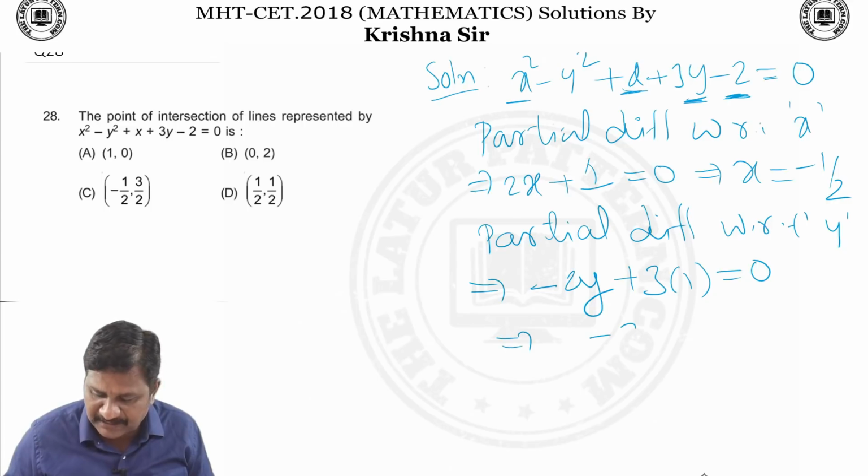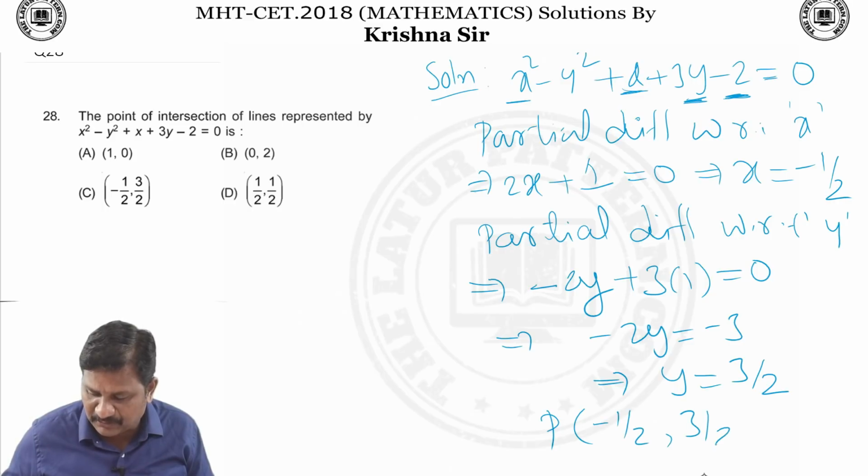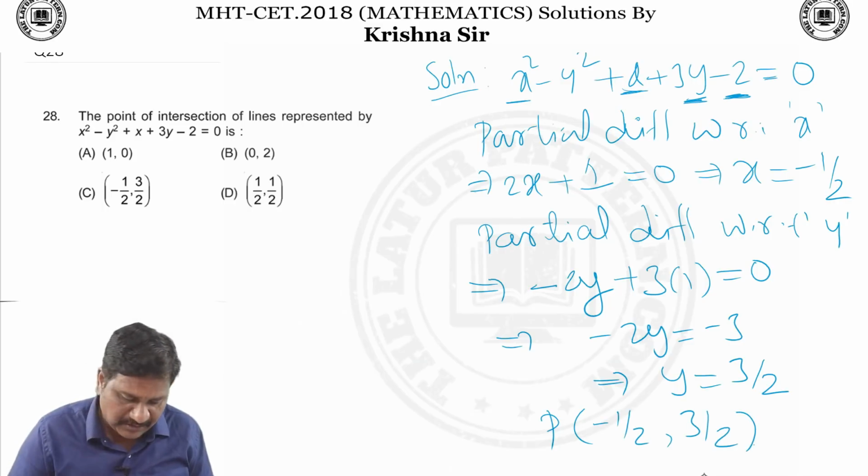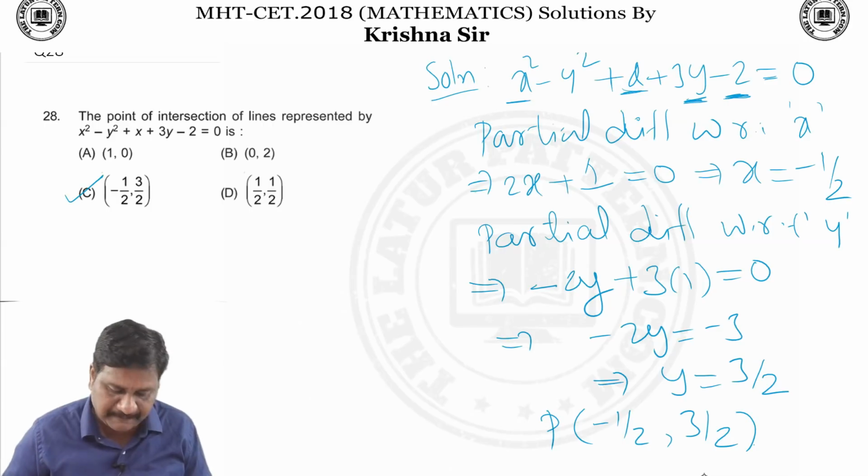Now minus 2y is equal to minus 3, then y is equal to 3 upon 2. Now the point of intersection is x is equal to minus 1 by 2 and y is equal to 3 by 2. So our option is C.